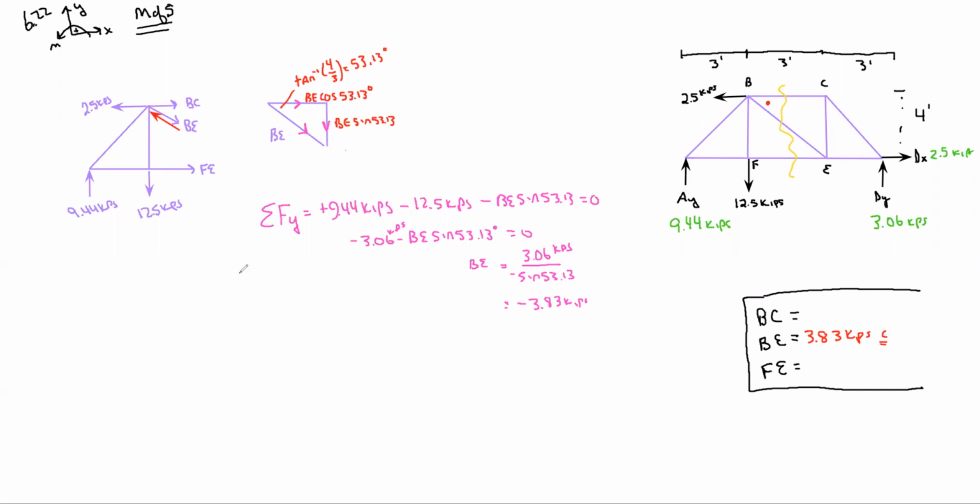If we take a look at the moment about point B, that would allow us to grab FE. So let's do that. Moment about point B, we've got 9.44 kips.